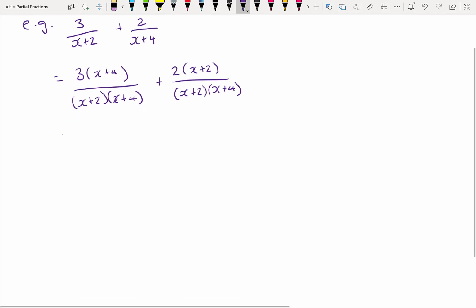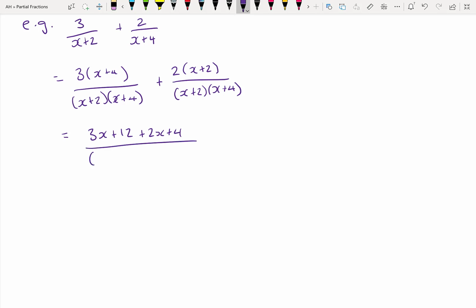Bring it together, start multiplying it out, so we get 3x plus 12 plus 2x plus 4 all over x plus 2, x plus 4, and then we'll tidy it up and we'll see what we've got. So we end up getting 5x plus 16 over x plus 2, x plus 4. Right, so that should be a thing that we're comfortable with by now.